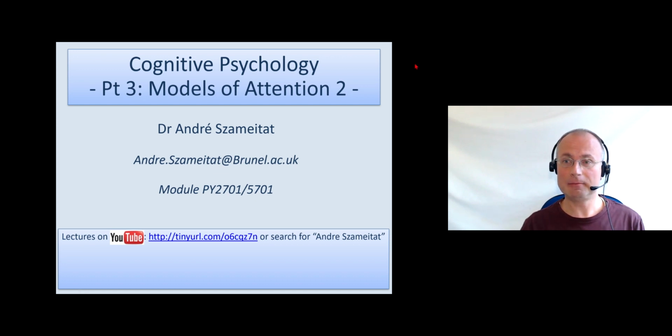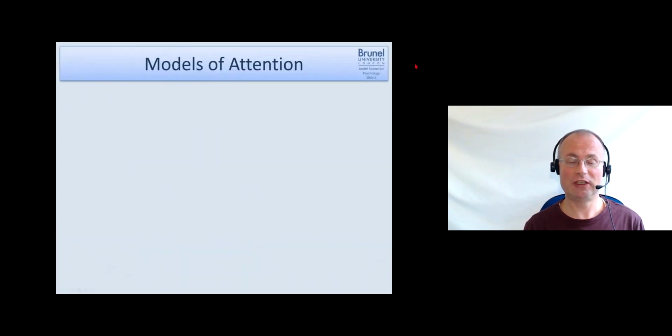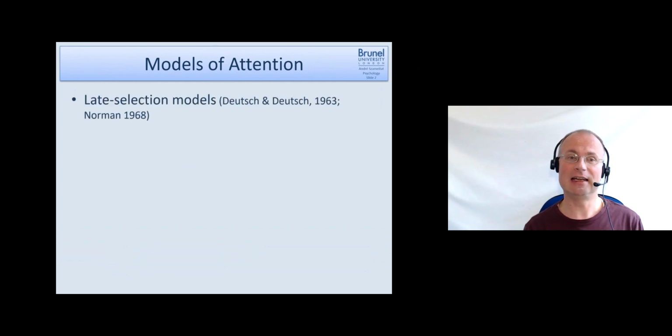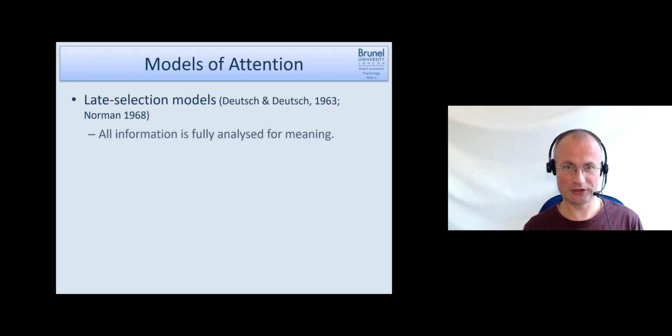Okay, let's turn to a different class of models, and these are late selection models, for instance, proposed by Deutsch and Deutsch or by Norman. And they work differently. They propose that all incoming information is analyzed fully for meaning.